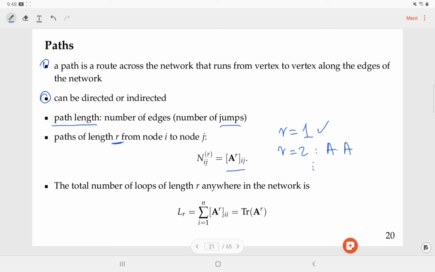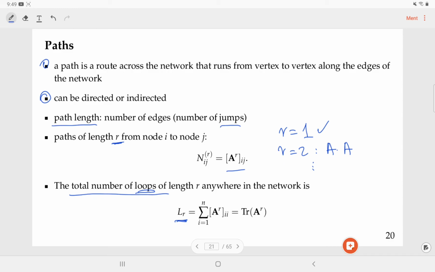And from here, we can introduce a notation, L sub r, which means the total number of loops of length r anywhere in the network. Loop should be replaced with cycle, as we said last week.